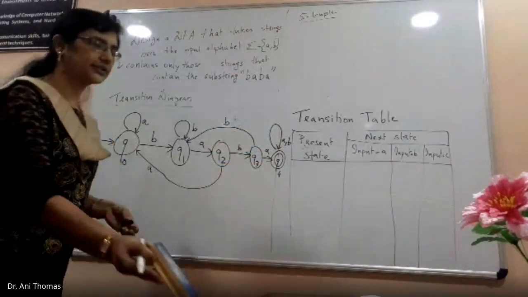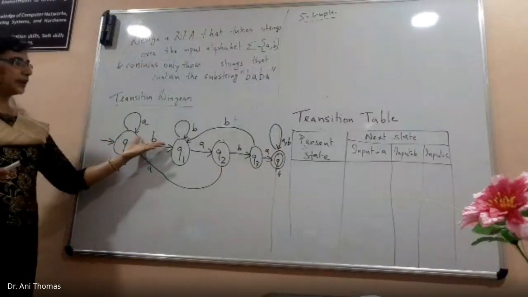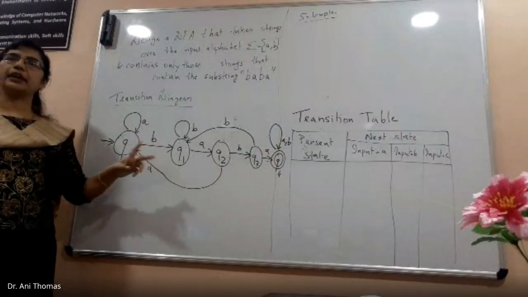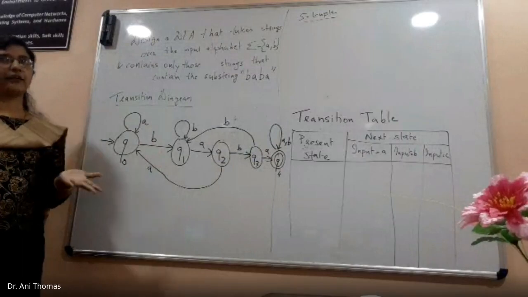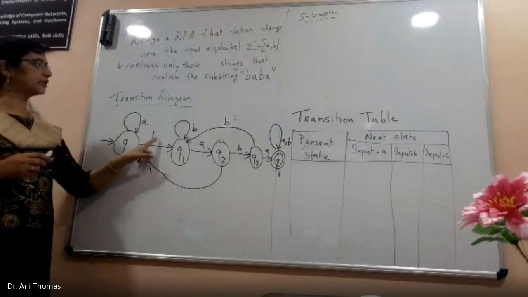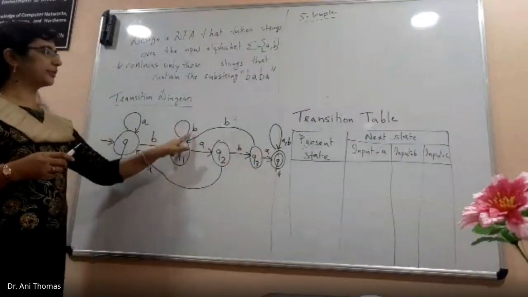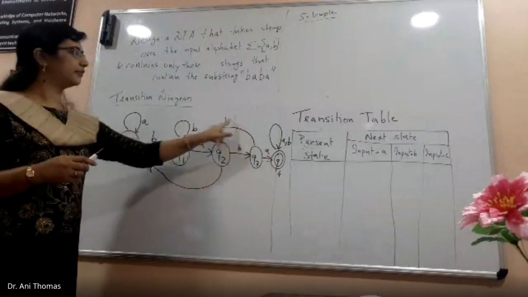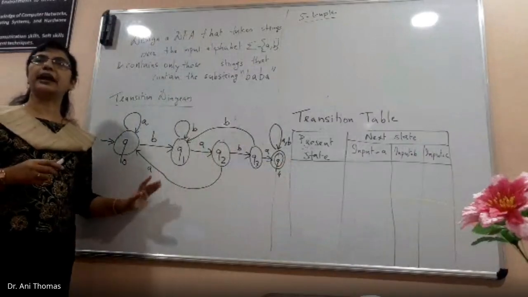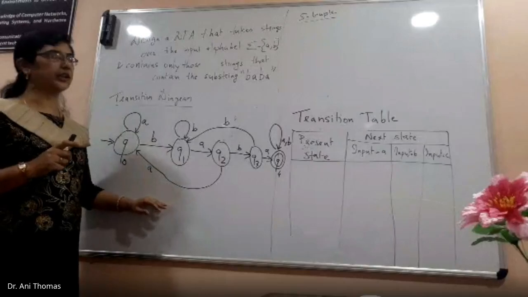So this is the transition diagram which satisfies that it will always contain the substring BABA at least once. It can have more than once, but at least it will contain the sequence BABA once.